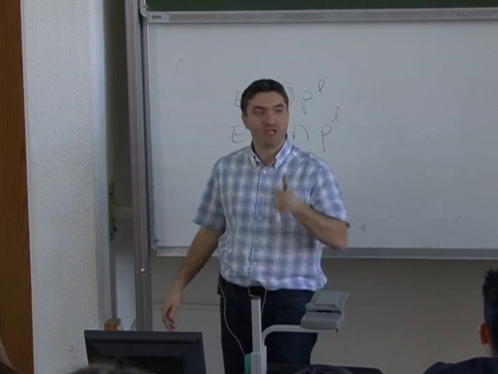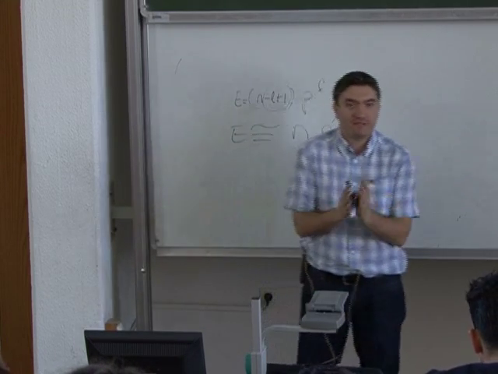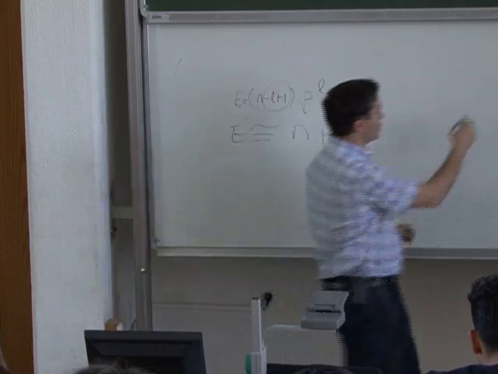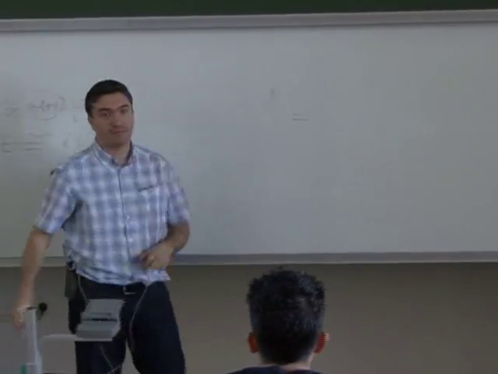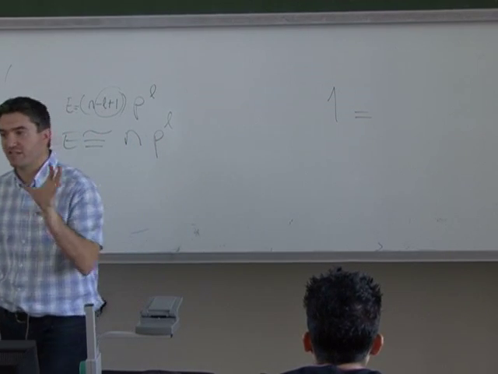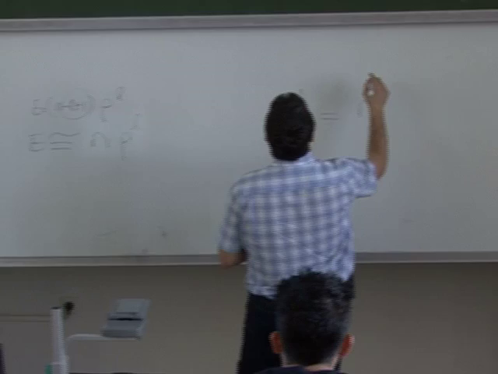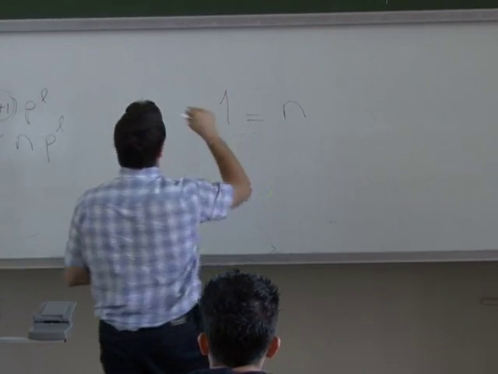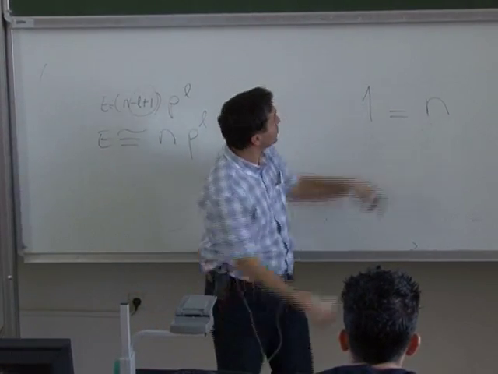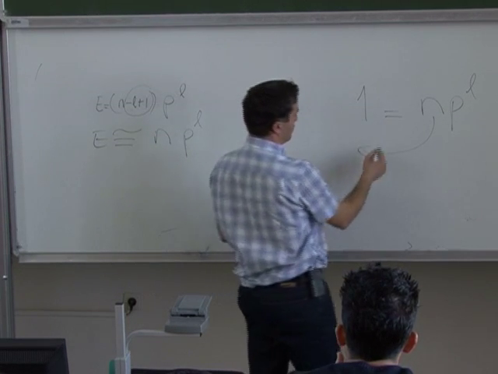So if the E-value is 1, if you're interested in observing a single 5 heads in a row in n tosses, in order to answer that question, with this P to the L, we need to take n out.